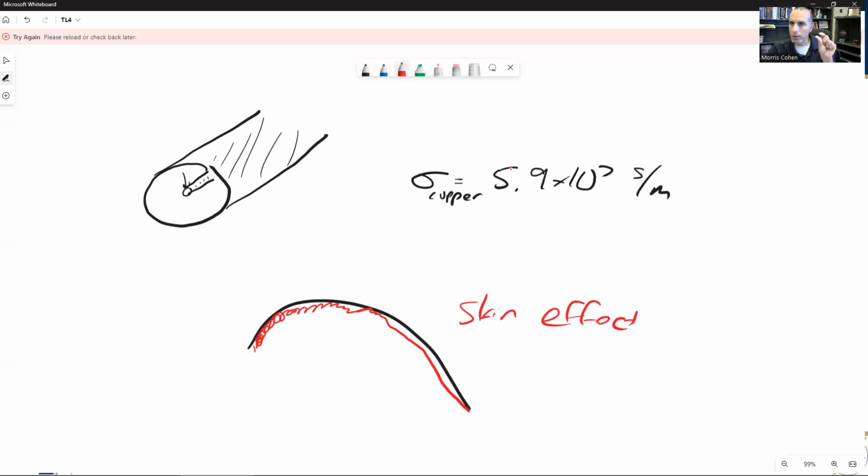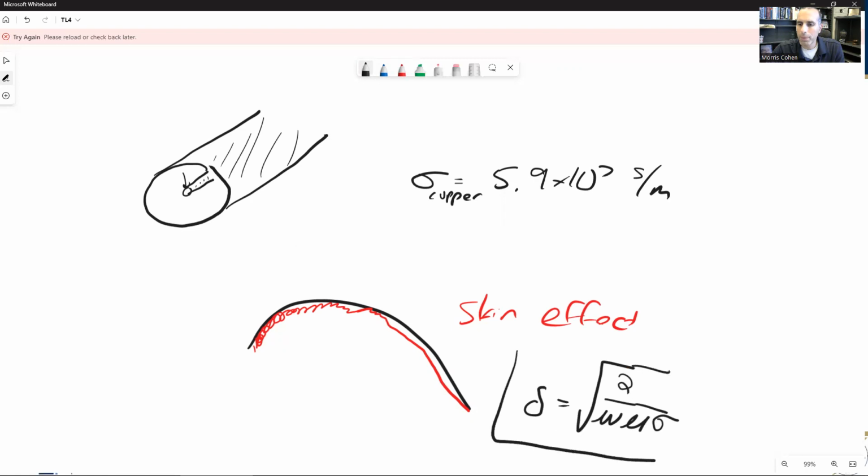Right, so the current has to be squeezed inside this little tube just below the surface, and the thickness of that tube is given by something called the skin depth, usually a lowercase delta, which equals the square root of 2 over omega mu sigma.